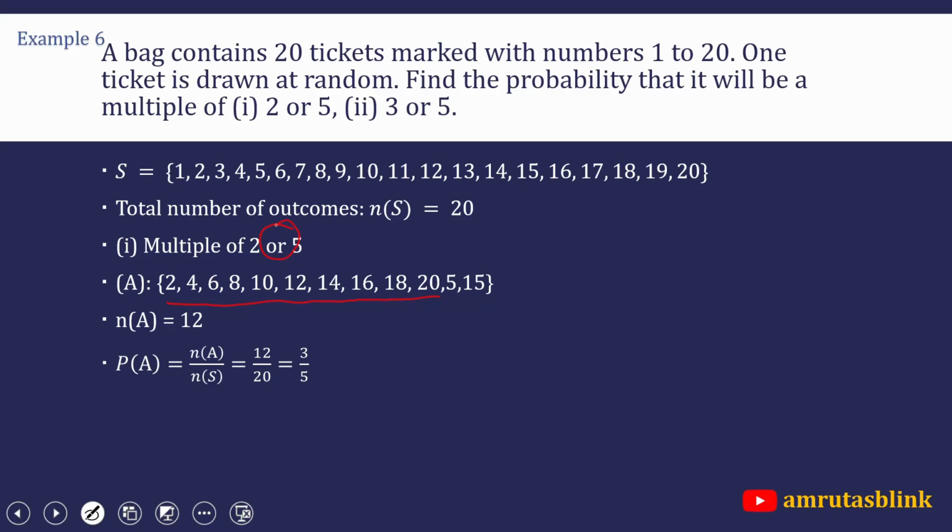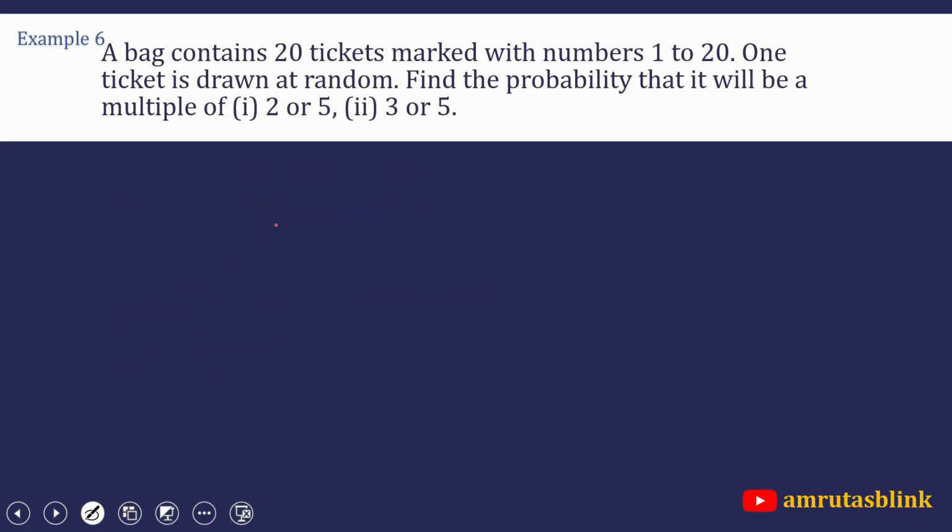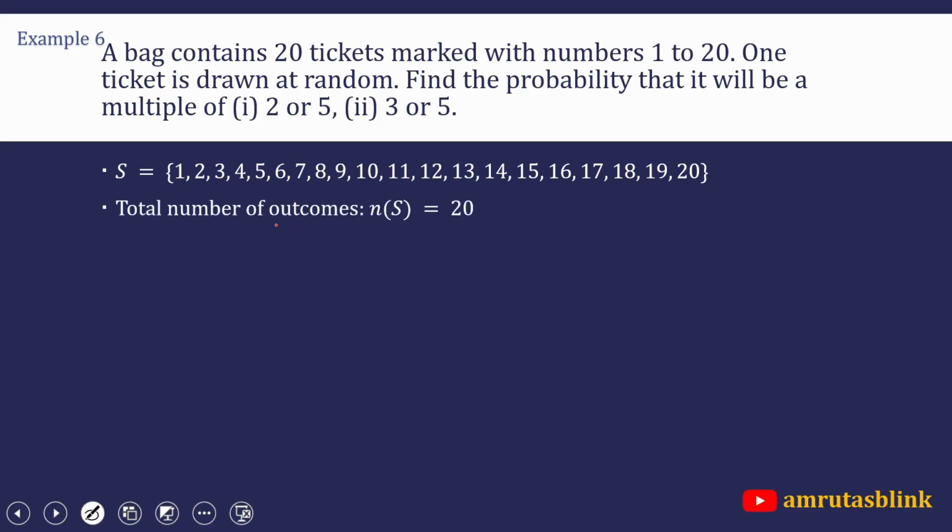Here the only important part we need to understand is that the number should be a multiple of 2 or 5. That means we have to include all the multiples of 2 within that particular range, as well as all the multiples of 5, because it is an OR operator. Now let's find out multiples of 3 or 5. n of S we have already calculated, n of S is equal to 20, and now let's say we have event B where the number is a multiple of 3 or 5.